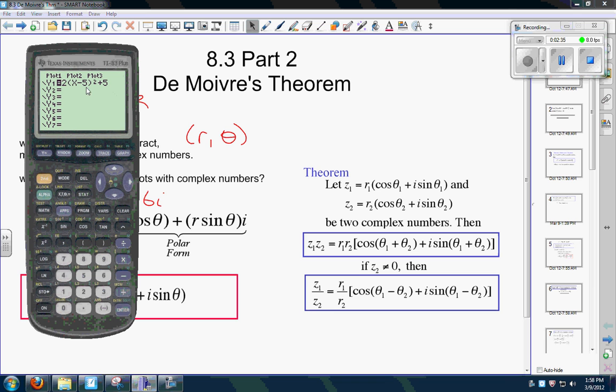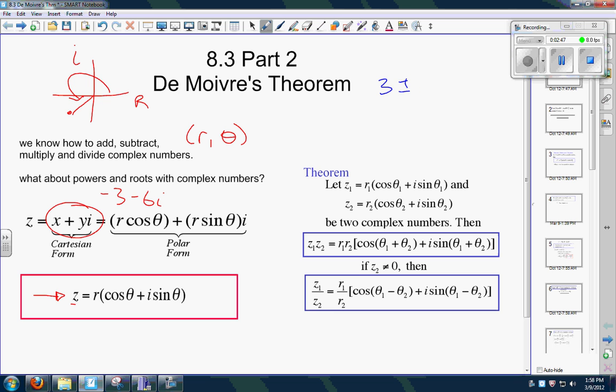So if we double distributed all this stuff, put it in standard form, did the quadratic formula, we'd find it never hits the x-axis because its solutions would be something like, I have no idea if this is right, I'm just making it up, 3 plus or minus i square root of 7 over 4, let's say. So we know those are complex solutions. Okay, we want to do the same thing with polar stuff, and that's what DeMoivre lets us do.